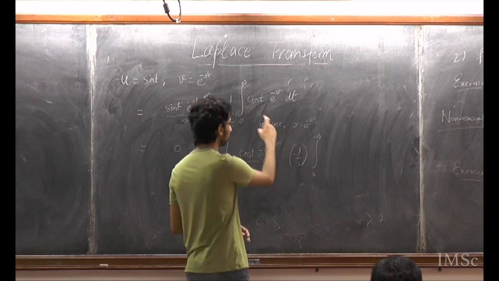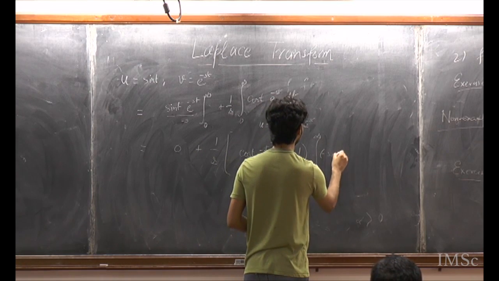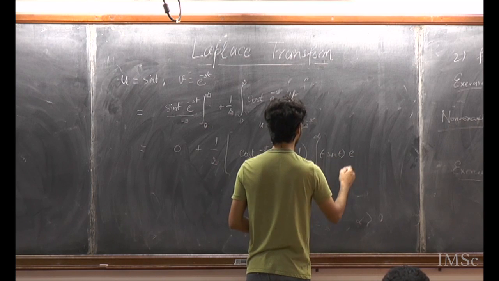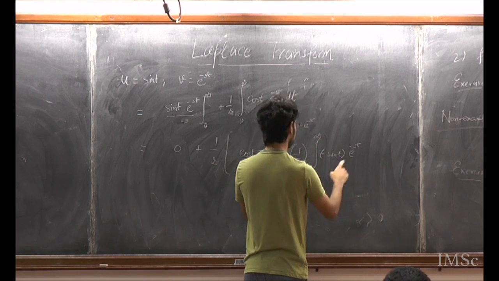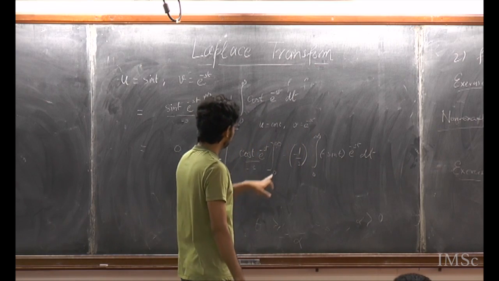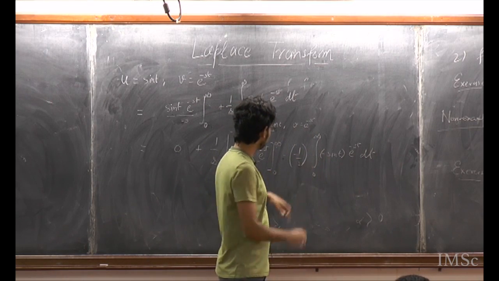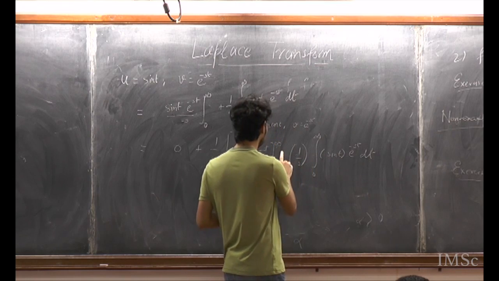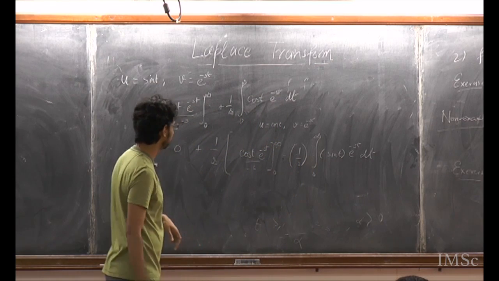Differentiate this, get minus sine t, and you have integrated this. So this integration factor is coming out. So you have 3 minuses, so you can retain the minus here.